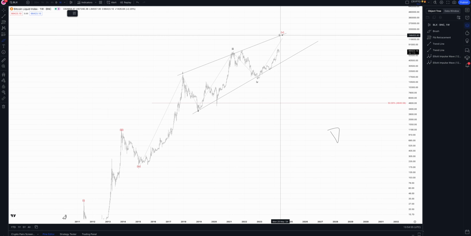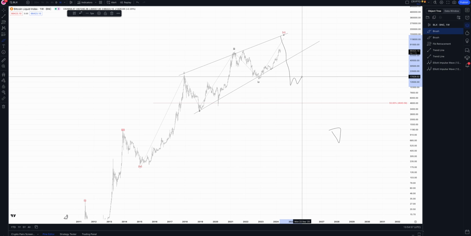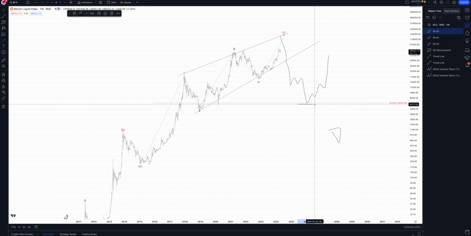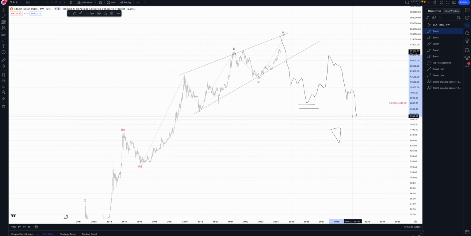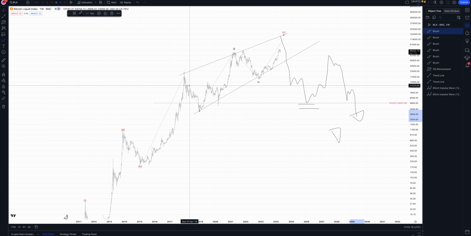Now, I do think that once we get down here, right, we're going to have a relief rally. And I feel like when the time comes, alts are really going to get going. And then we're going to have a continuation to the downside.